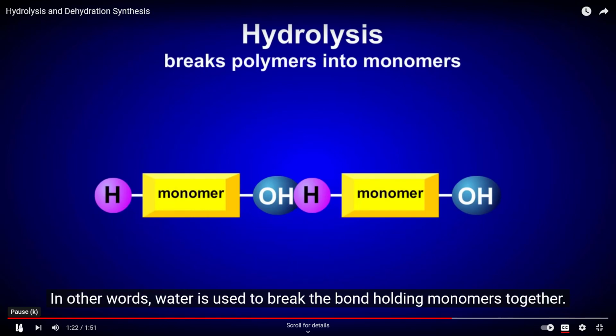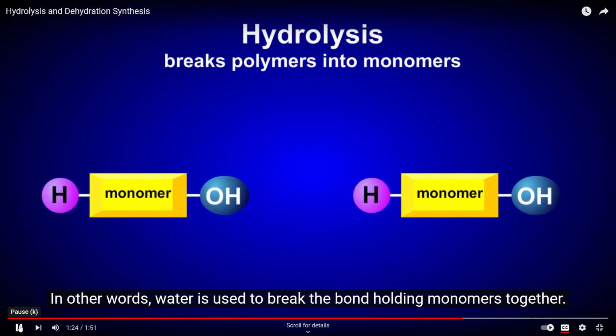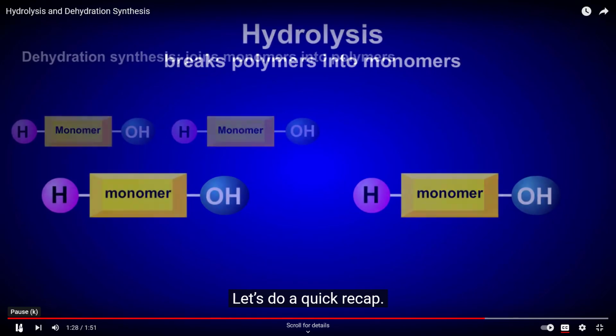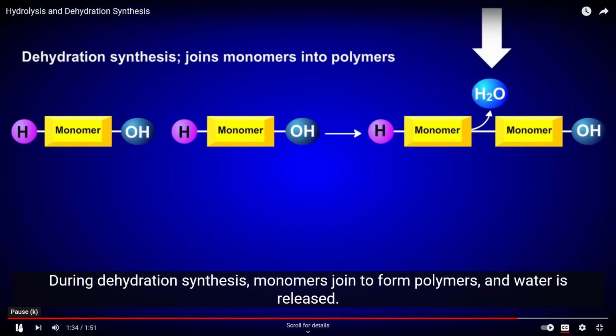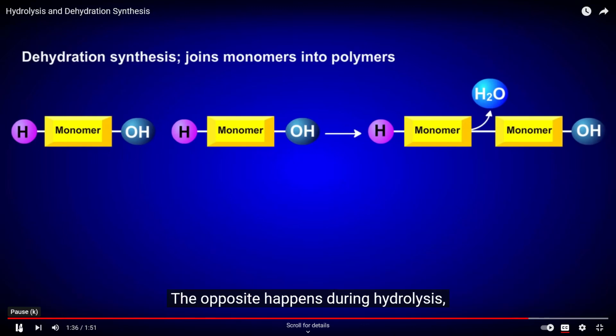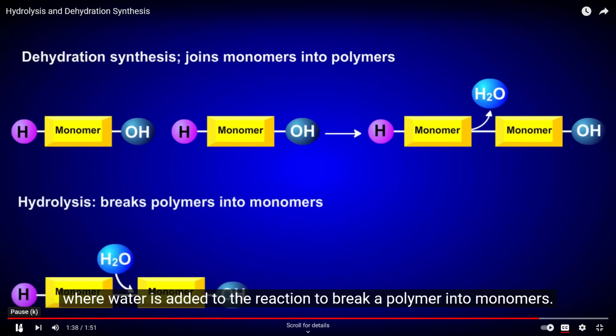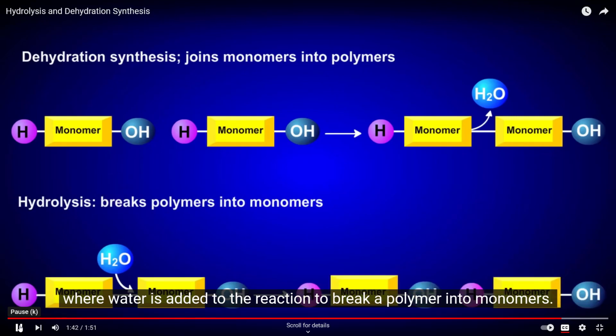In other words, water is used to break the bond holding monomers together. Let's do a quick recap. During dehydration synthesis, monomers join to form polymers, and water is released. The opposite happens during hydrolysis, where water is added to the reaction to break a polymer into monomers.